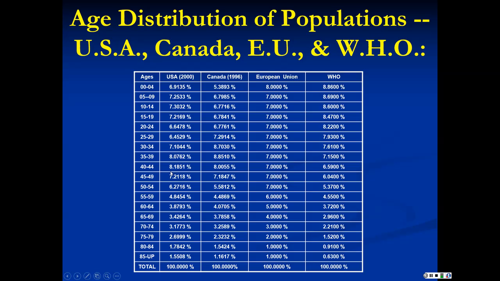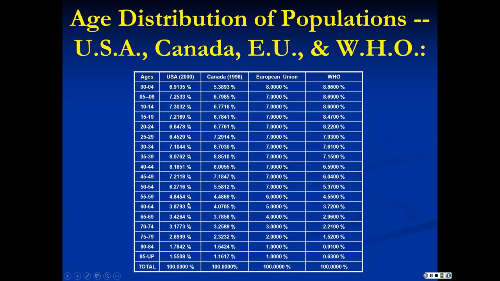The most heavily populated age groups, as you might imagine, were the baby boomers. So in the year 2000, the baby boomers were in their late 30s and early 40s. And so there's 8% of the population that was aged 35 through 39, and 8% of the population was aged 40 through 44 that year. And every other 5-year age group has less than 8.